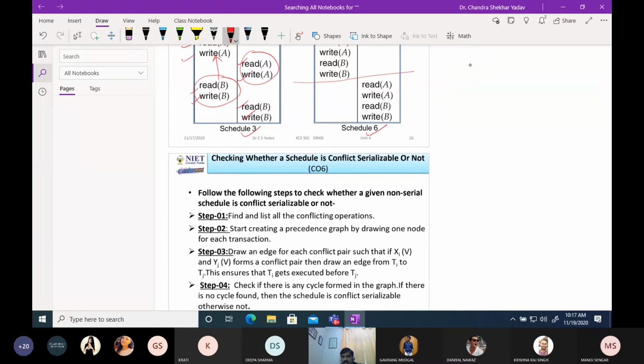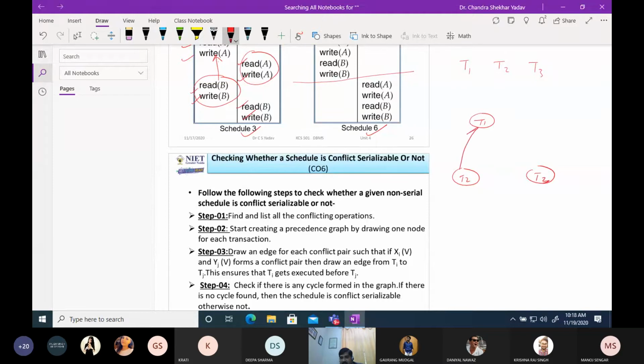Suppose we have three transactions T1, T2, T3. Each transaction is represented by a node T1, T2, T3.